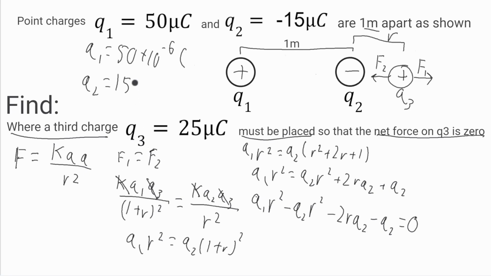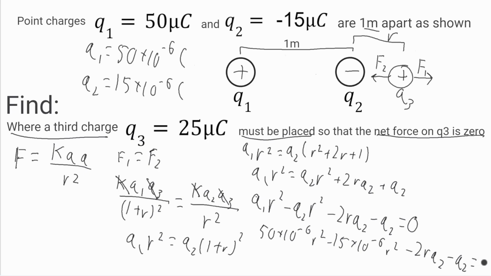So it'll be 15 times 10 to the negative 6 coulombs. Now I can plug that into here. So it'll be 50 times 10 to the negative 6 R squared minus 15 times 10 to the negative 6 R squared minus 2R Q2 minus Q2 is equal to 0.